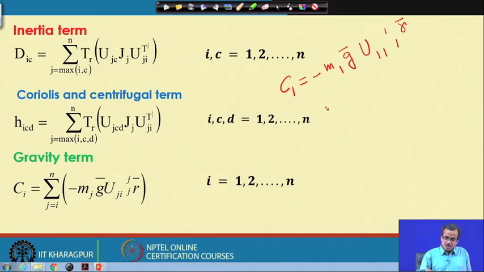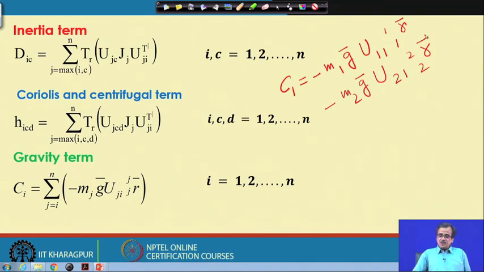Then there is another term, that is j equals 2 now. So, m 2, then comes g bar, then comes U 2 1, then j equals 2, that is r 2 with respect to 2 bar.